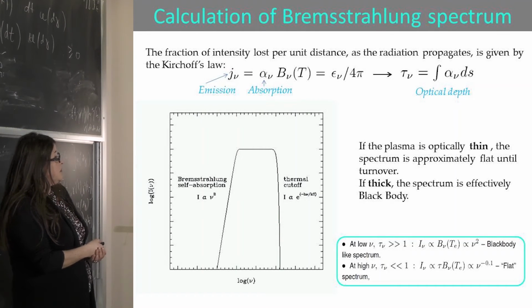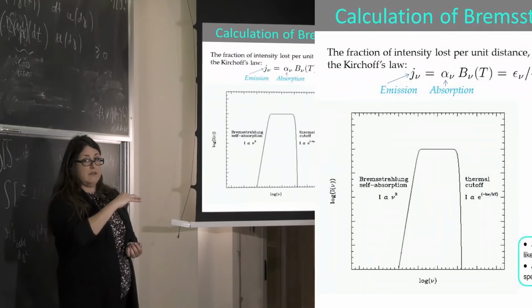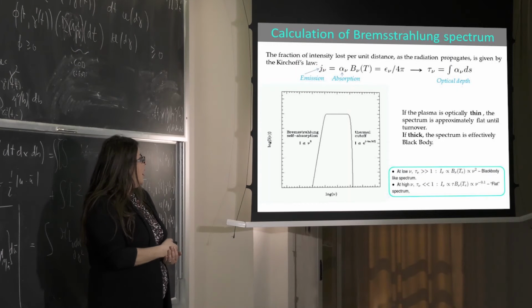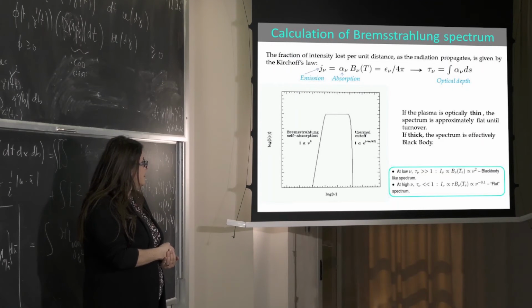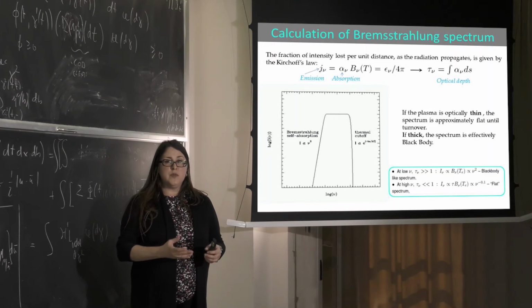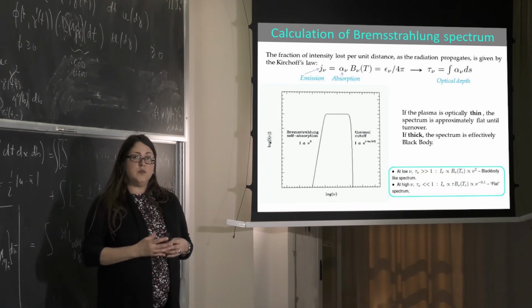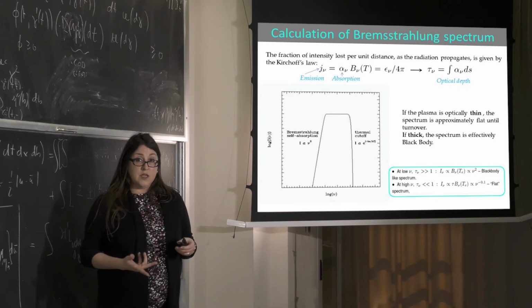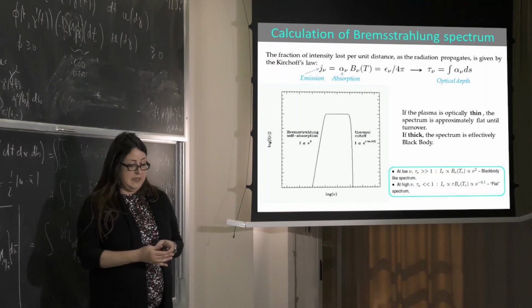If the plasma is optically thin, you see that the spectrum is approximately flat until the turnover, which is here, and here the spectrum is going rapidly down because of Bremsstrahlung self-absorption, which means that the medium is absorbing the Bremsstrahlung radiation which was produced by itself.